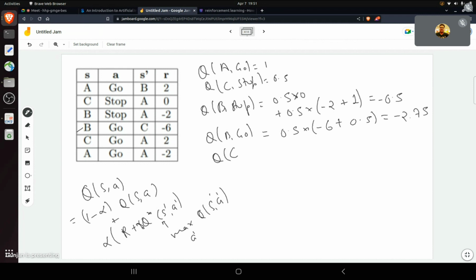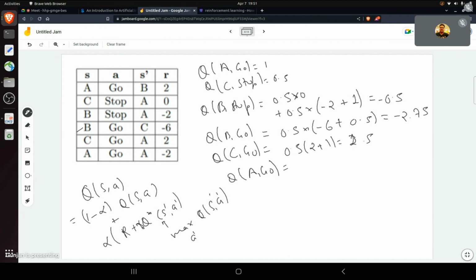Now we do Q(C, go), right? So this will be 1.5. 0.5 times 2 plus 1 from Q(A, go), so that is 1.5. And at last Q(A, go).